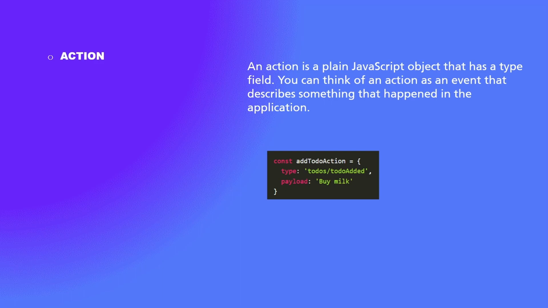First one is type. This will describe the action which will happen in Redux. And this payload is an optional one. So we call this object an action. Using this, we will indicate to Redux what operation needs to be executed.